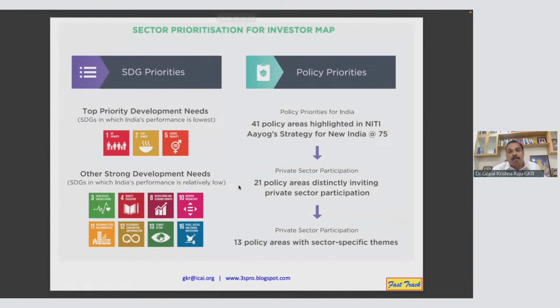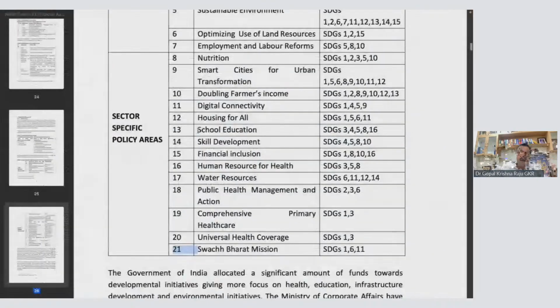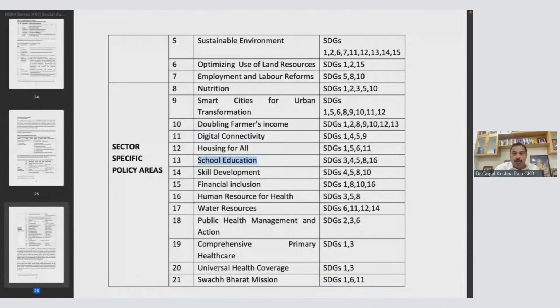That will not be given to privatization. But 21 policy areas distinctly invite private sector participation also. For example, school education, here with participation of the private sector also. And Swachh Bharat. You need to clean the environment, so for that, bring in private partnership also.